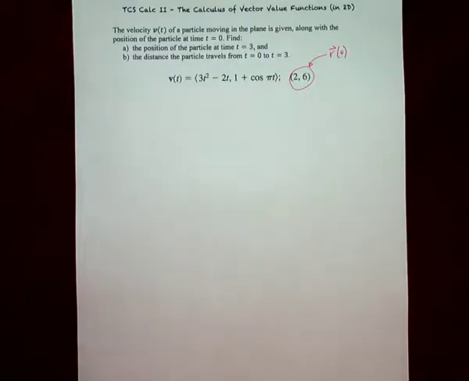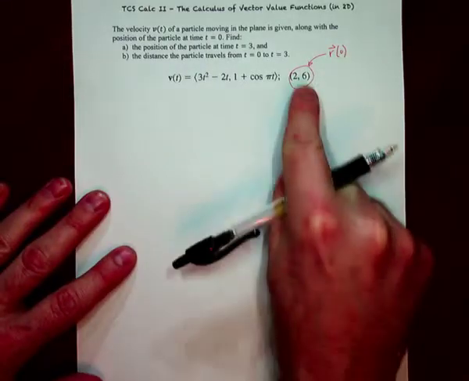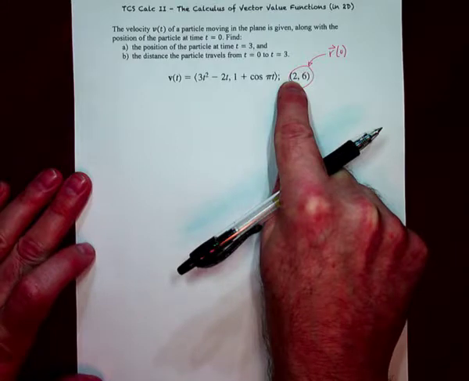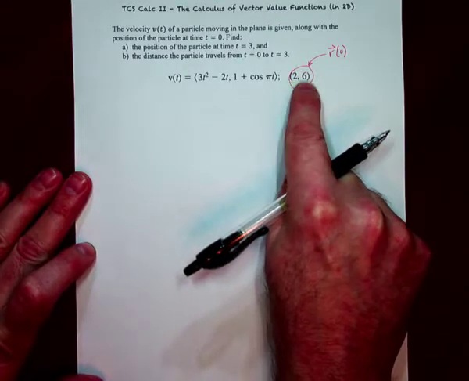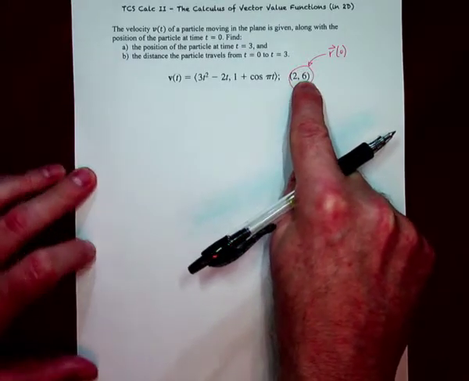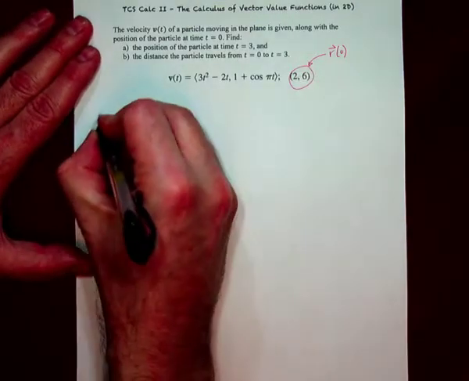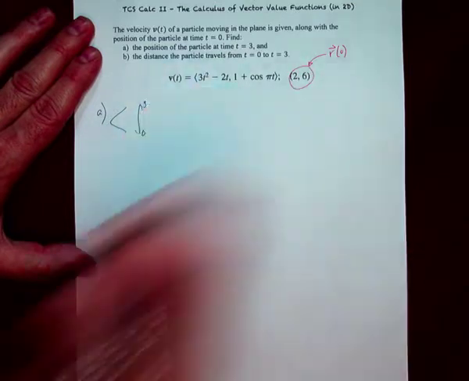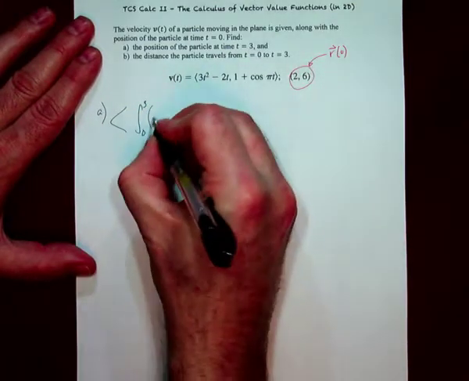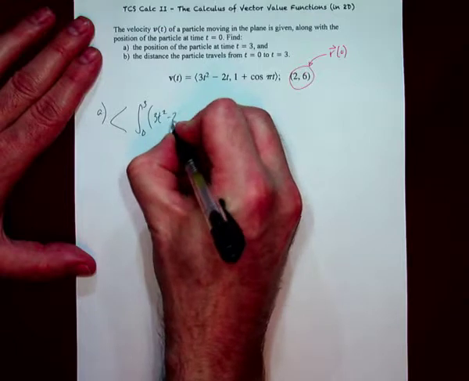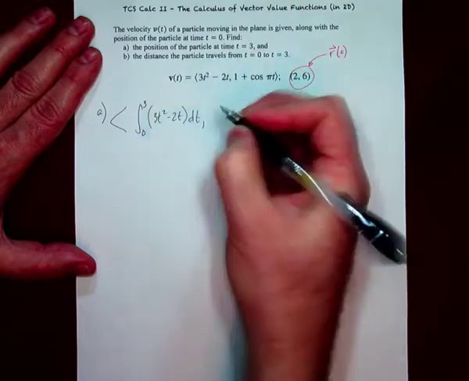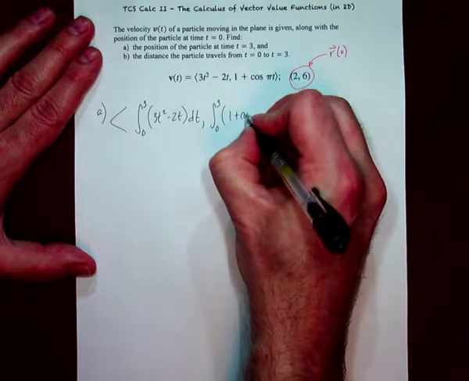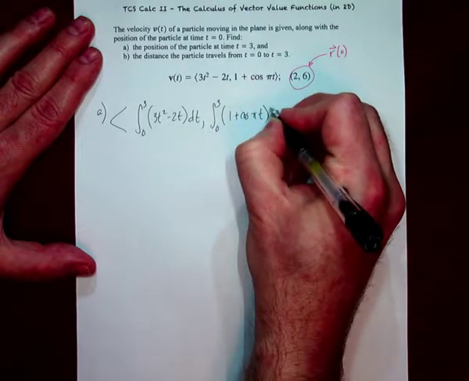Well, the position at time t is equal to 3 is basically this 2 plus the displacement along the x measurement along the horizontal, and 6 plus the displacement along the vertical. Alrighty, let's go ahead and do that. So we know that the vector for displacement is going to be the integral from 0 to 3 of 3t squared minus 2t dt, and then the integral from 0 to 3 of 1 plus cosine pi t dt.